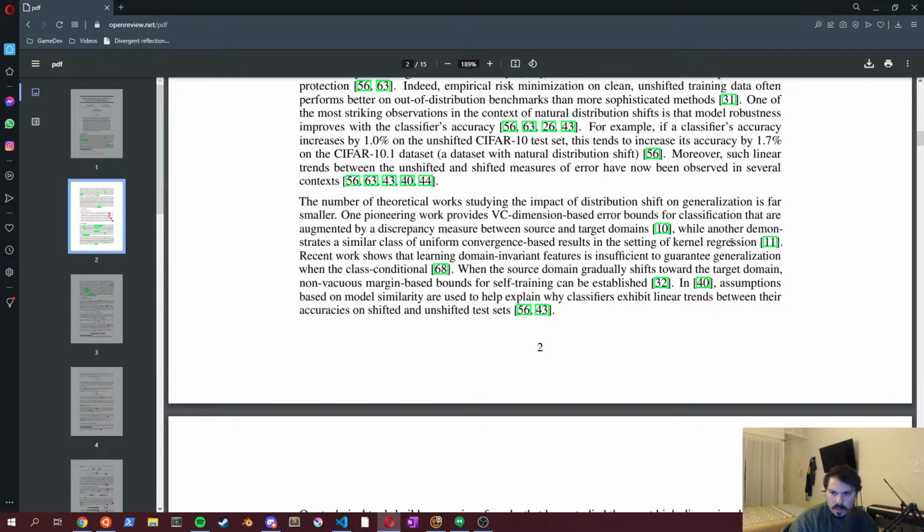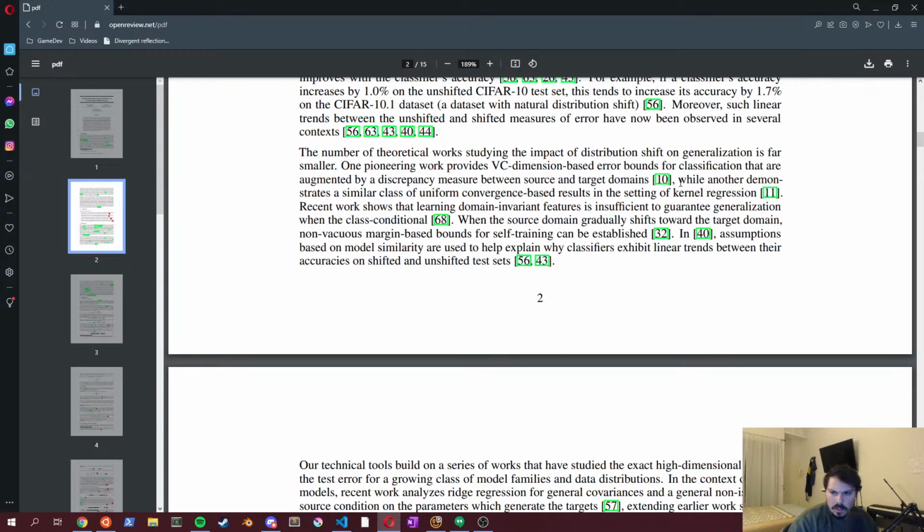Kernel regression, I think, means that you have a specific function that you're fitting instead of a neural net. Domain invariant features is insufficient to guarantee generalization. When the source gradually goes towards the target, there are some bounds for self-training.